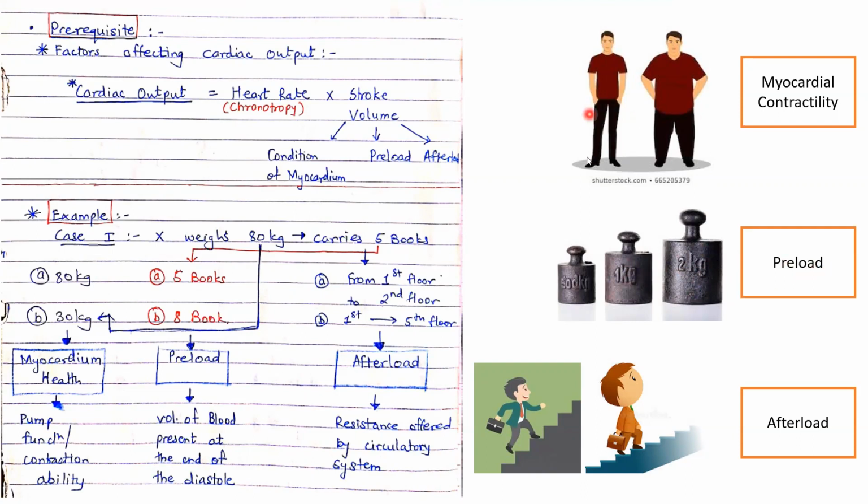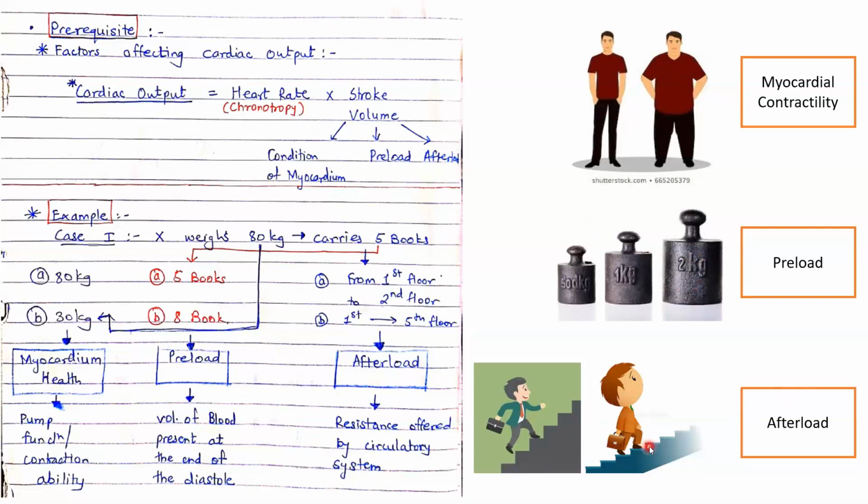Now suppose to this same person, I now tell them to lift 2 kg weight and climb 10 stairs. That person may happily climb it. But to the same person, I tell now, again lift 2 kg, but climb 100 stairs. What do you think? Will the effort increase?